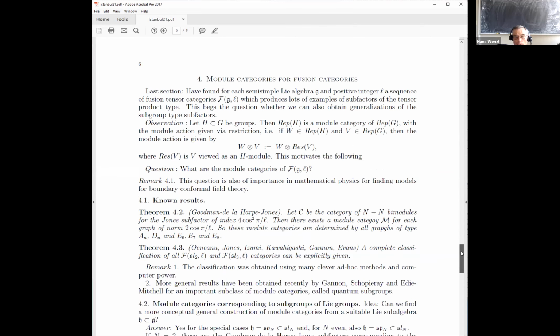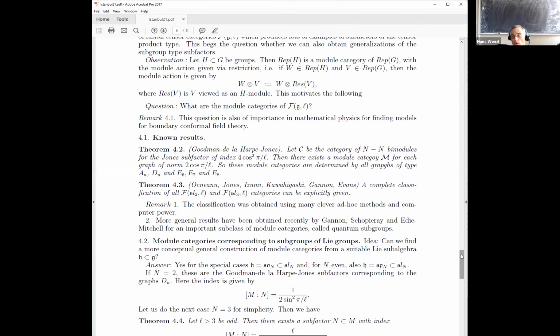All right, so known results. Of course, Vaughan already made some contribution to this way back, I don't know when, probably in the 80s already, with the Goodman-de la Harpe-Jones subfactors. So we did it for the category of N-N bimodules for the Jones subfactor.